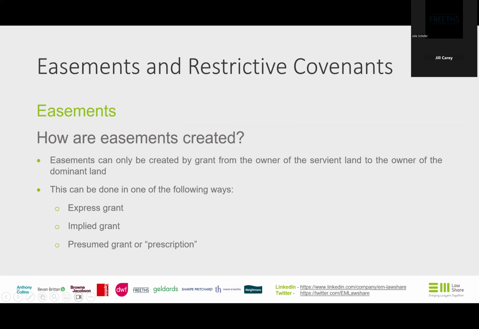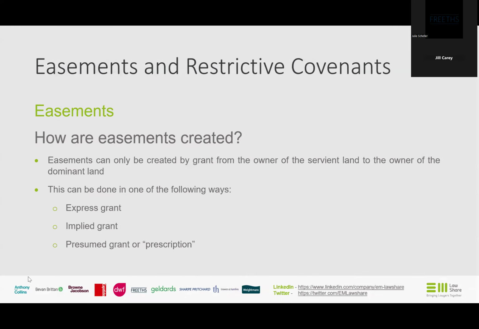I will go into some of the technical detail now. Essentially, the easiest way to think of it is that an express grant will have a deed, whereas the others will turn on the physical features of the property or what's been happening in practice for the last 20 plus years. And you can probably guess from those which is the most contentious point that we see in practice in the litigation team the most frequently.